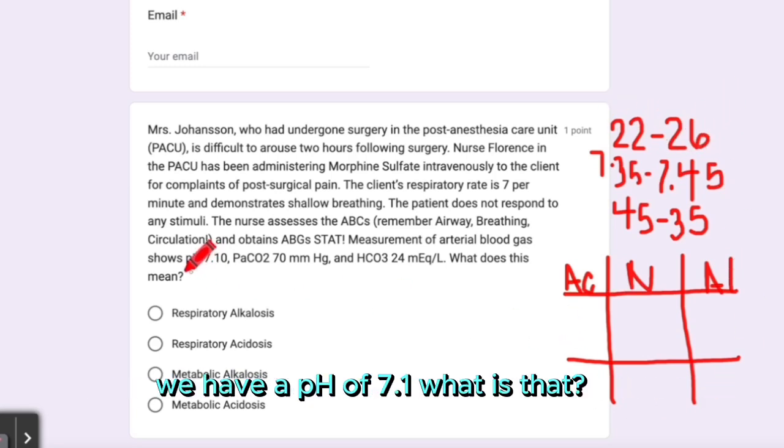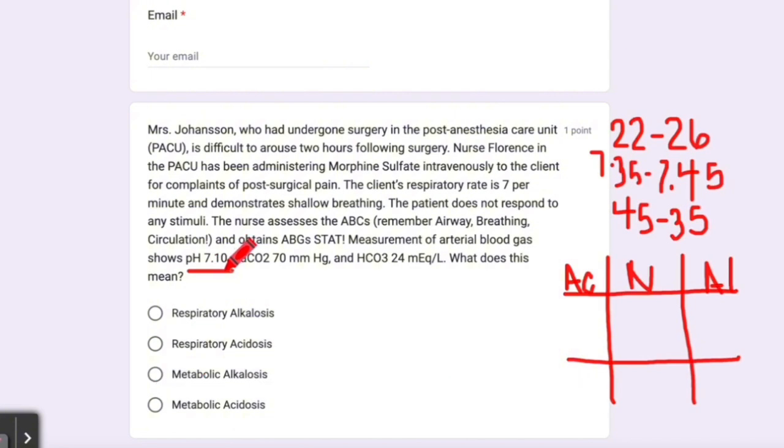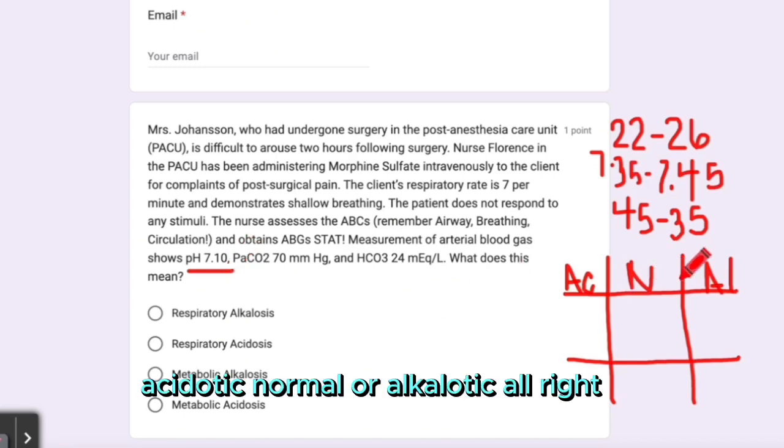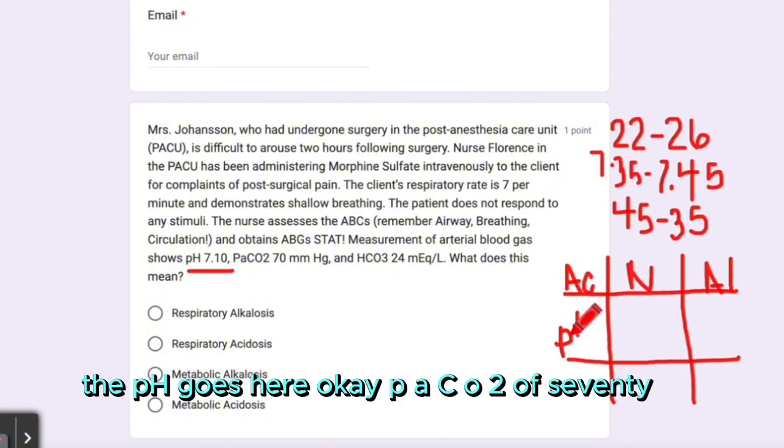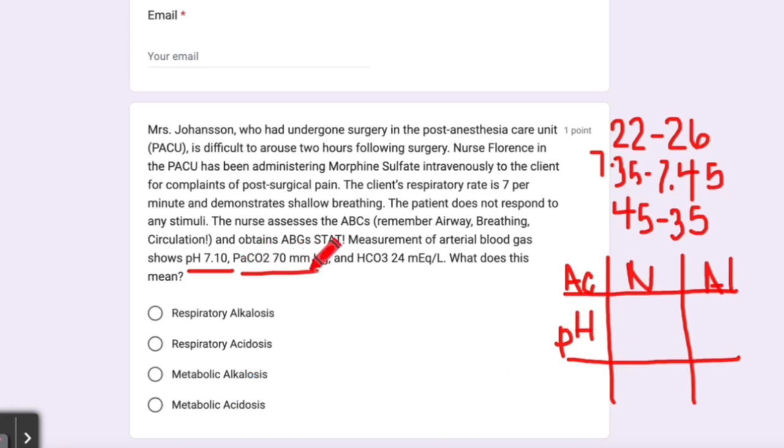So what do we have here? We have a pH of 7.1. What is that? Acidotic, normal, or alkalotic? Well, if you said acidotic, you are correct. The pH goes here. PaCO2 of 70.